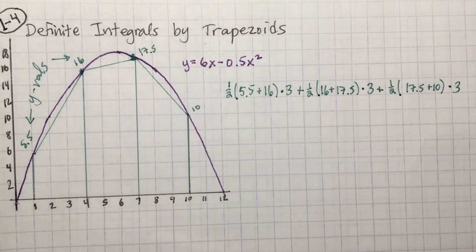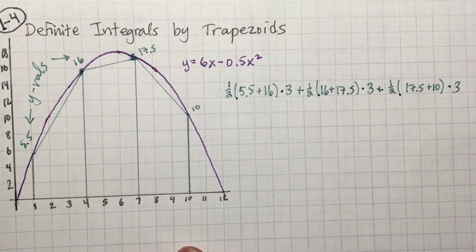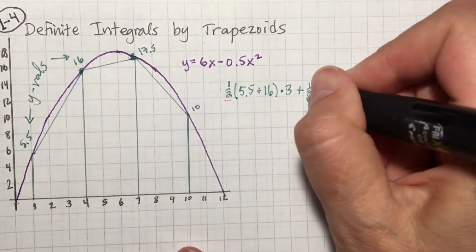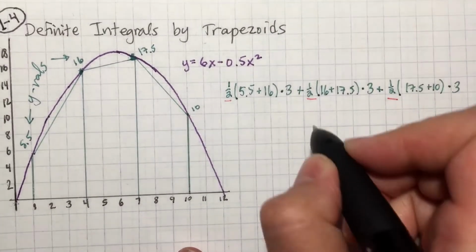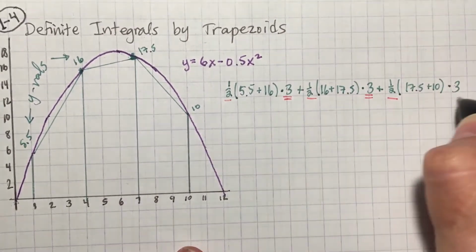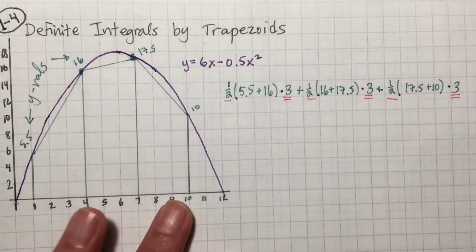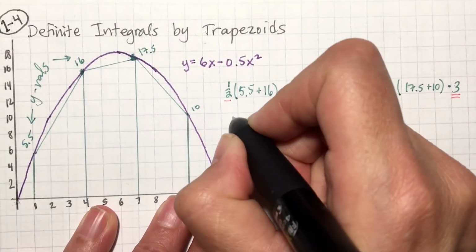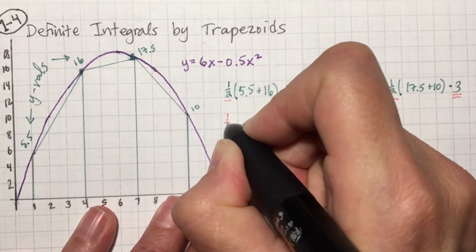So this is kind of cumbersome, and I promise I'm going to make a point. Now looking at this, you can see that we have these 1/2s in all of the parts. We also have the 3 in all of these parts. I'm going to factor this 1/2 to the front, just because it's a nice place to put it.